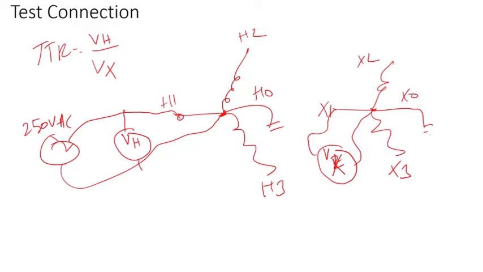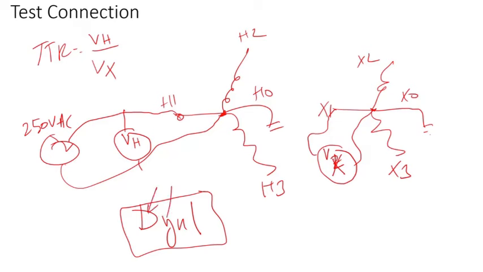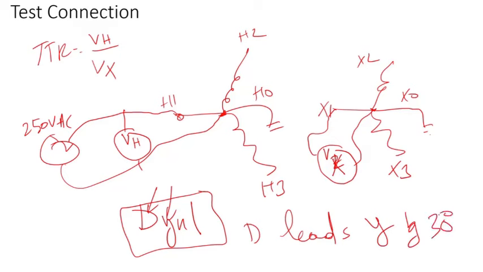And also some of these TTR equipment can actually even do a check for phase displacement. In other words, for instance, if you have a delta Y1, where the delta is the high side and the Y is the low side, and the high side leads, so the delta side leads the Y by 30 degrees.